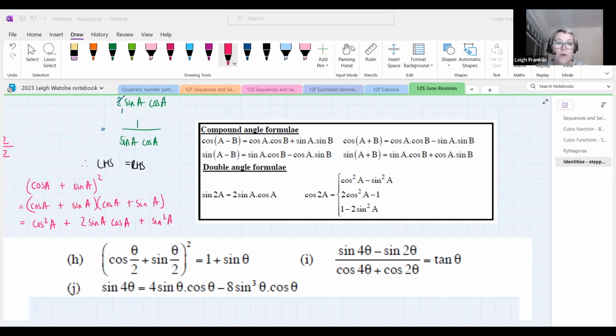So remember, when you are working with trig expressions, it's like algebra. Okay, cos A is a variable like x is.